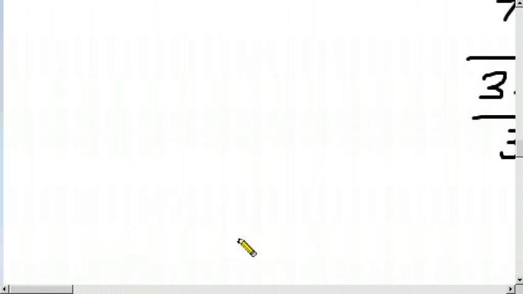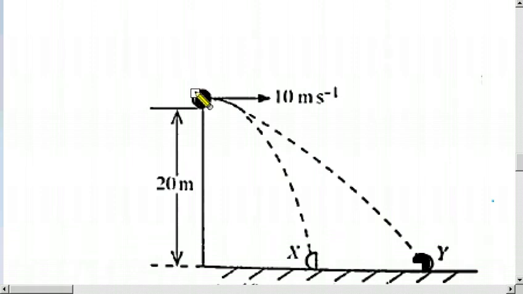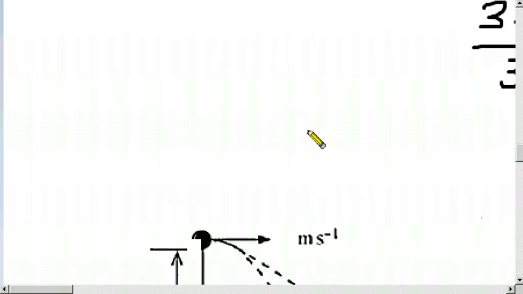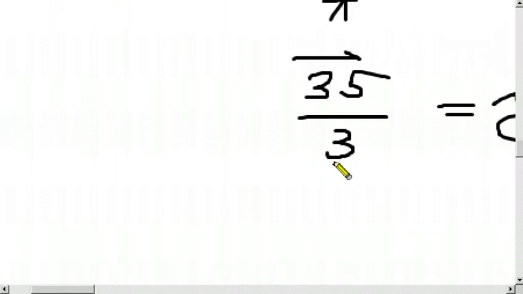So it is 3/4. So initial velocity of that is, now we know, y is how much, 35 divided by 3.